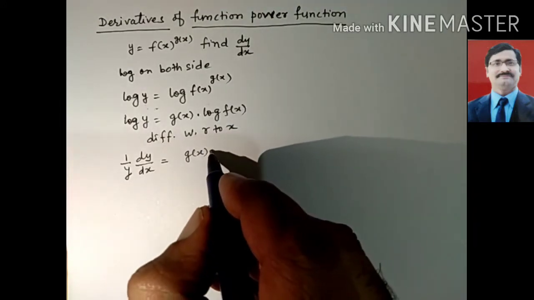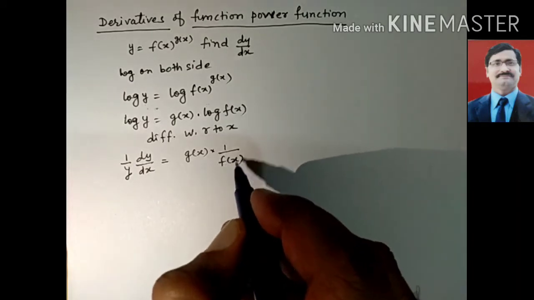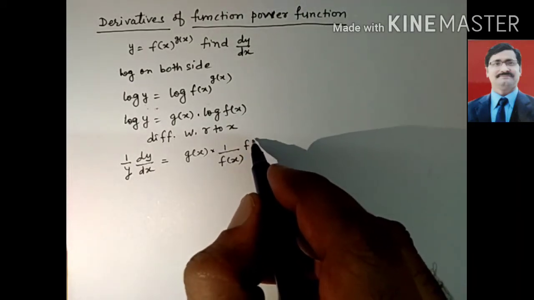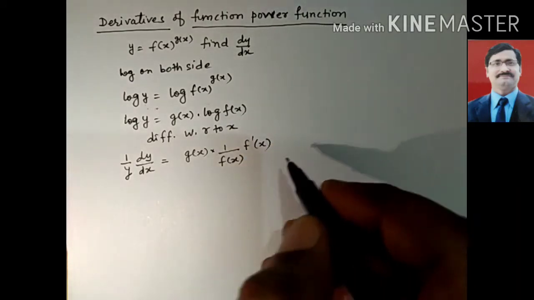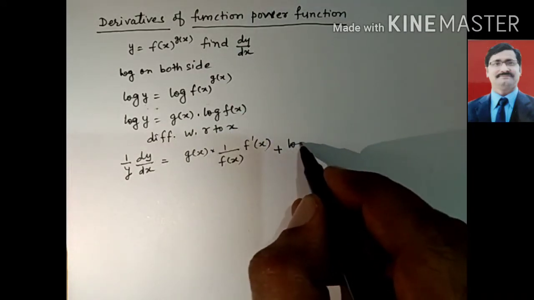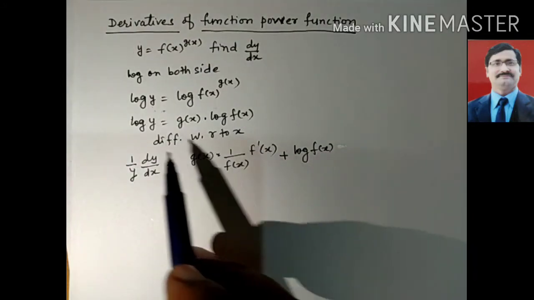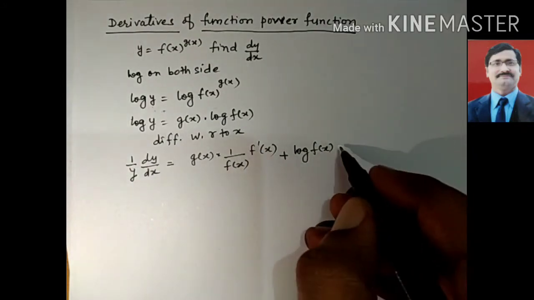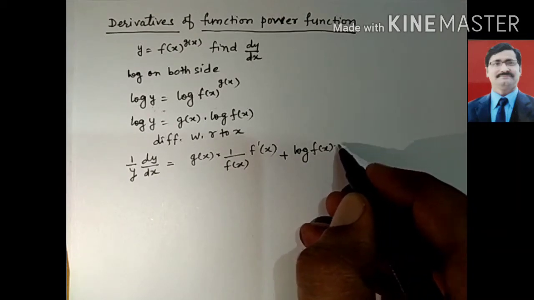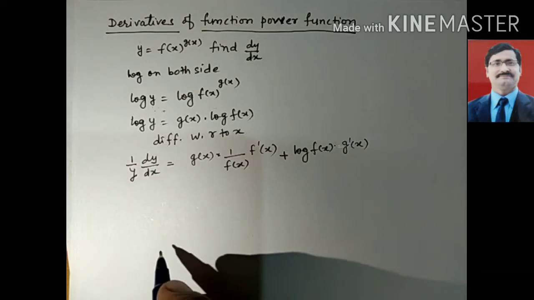Log f(x) differential will be 1 upon f(x), and f(x) differential is f dash x. Okay. Next log f(x) is as it is. Now differential of g(x) is g dash x. Do all of you understand this?